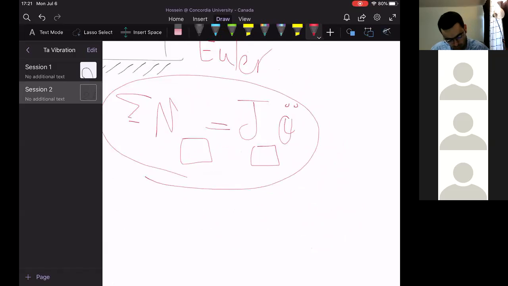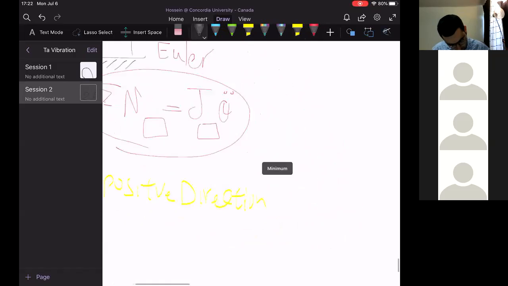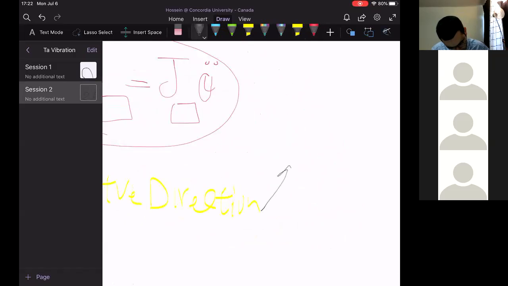Before using this Euler formula, you have to determine a positive direction, which can be either clockwise or counterclockwise.